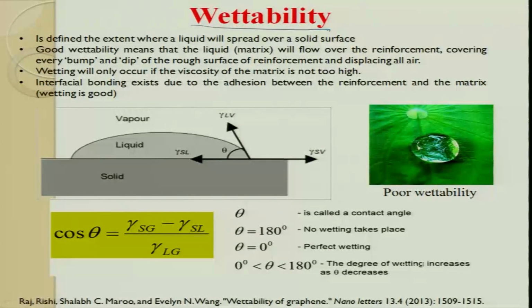If we have very good wettability, then naturally you will have very good interfacial bonding. If you have very poor wettability, and the polymer or the metal does not wet the ceramic, then it will try to roll off like this. So, it defines the extent to which a liquid will spread over a solid surface.